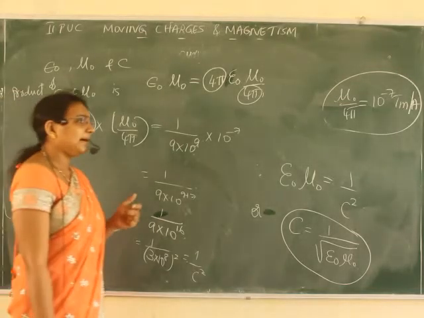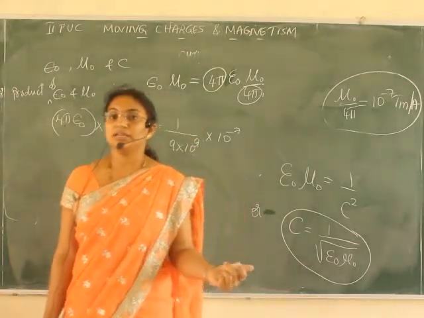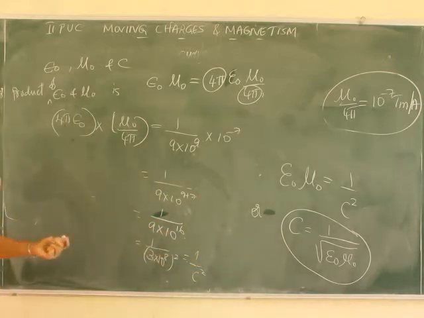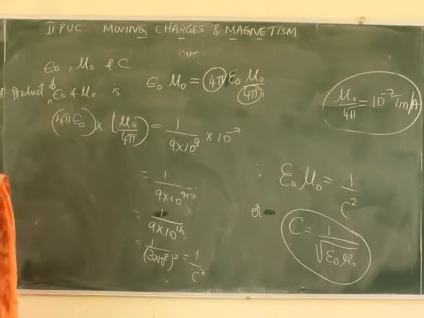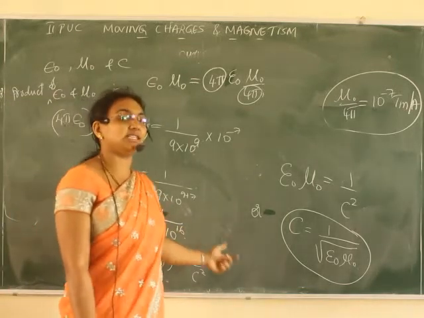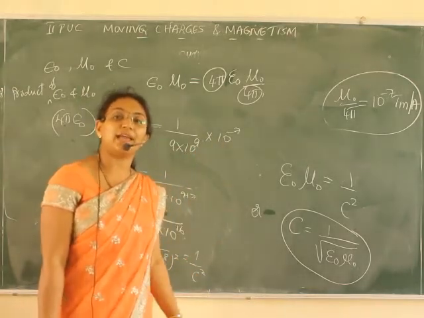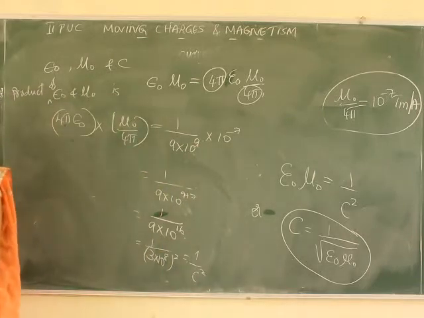See, the Biot-Savart's law, that is the magnetic field we are speaking about, is a vector quantity, whereas the electrostatic field is a scalar quantity. Magnetic field is produced by a vector source, whereas electric field is produced by a scalar source. Which is the scalar quantity there?